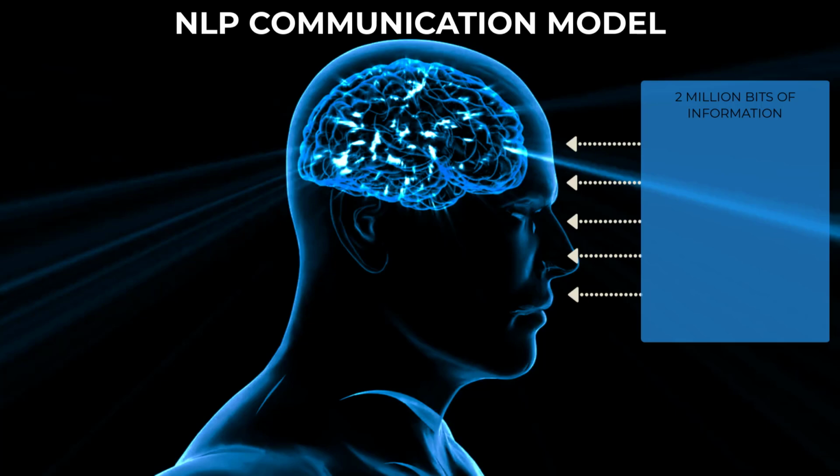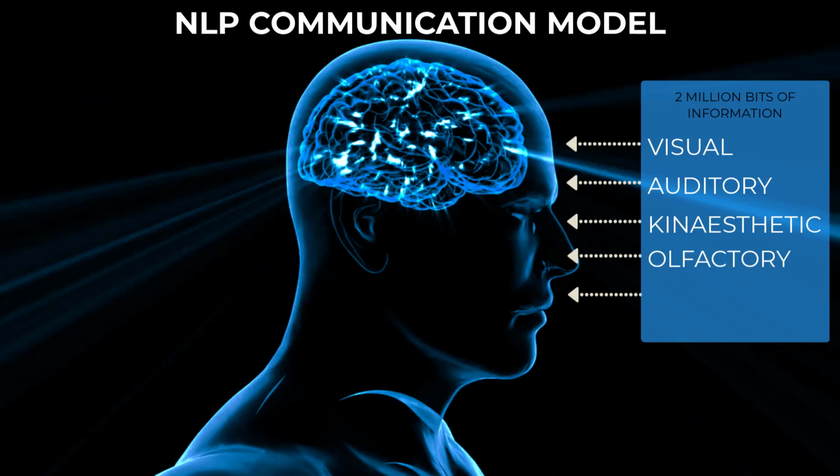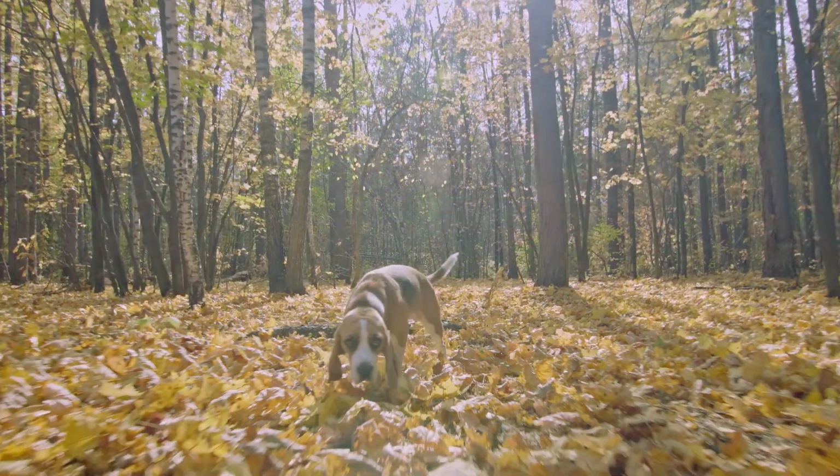Through our eyes, visual, through our ears, auditory, through our feelings and touch, kinesthetic, through our noses, olfactory, and through our tastes, gustatory. Each of these senses are limited neurologically. For example, think about a dog's use of smell to perceive their environment.